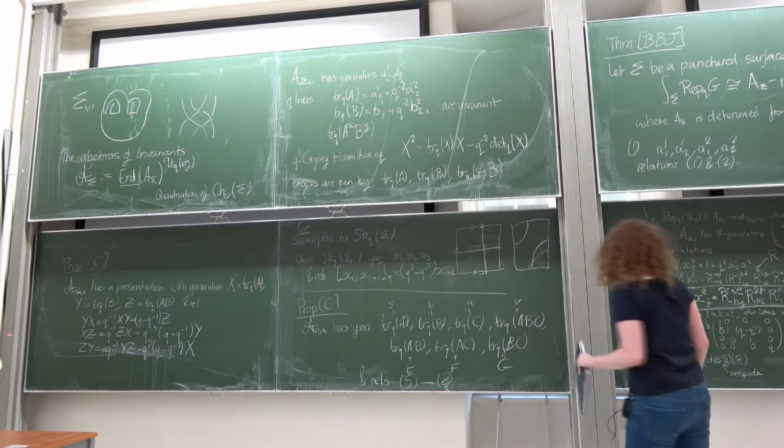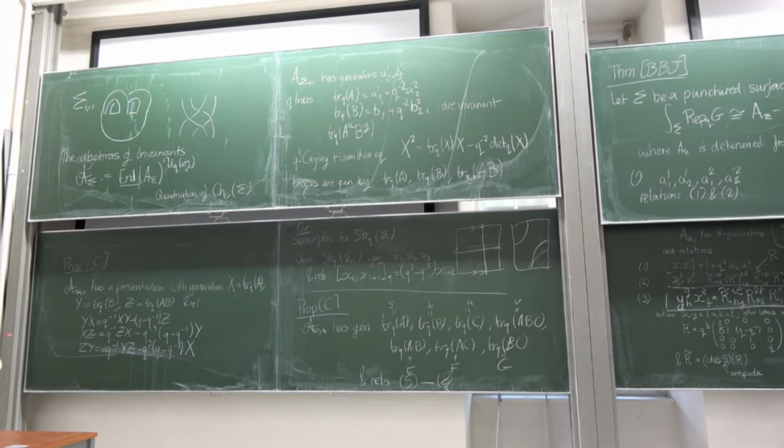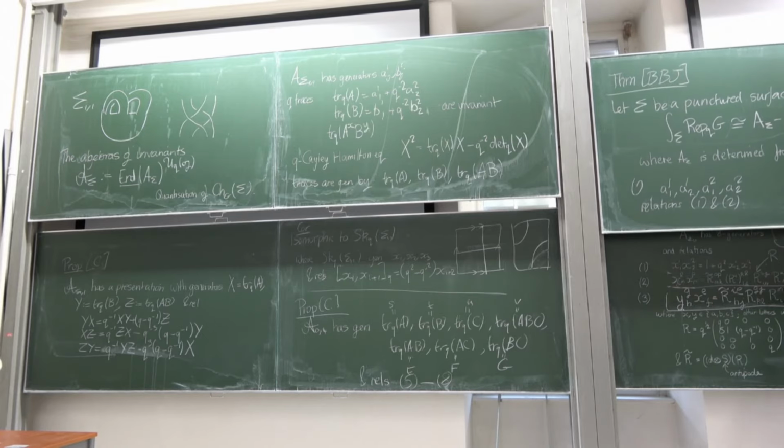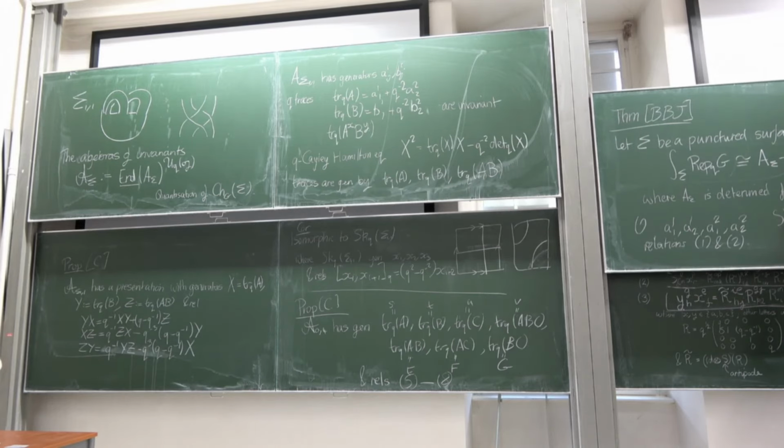And again, this is isomorphic to the skein algebra of the same surface.